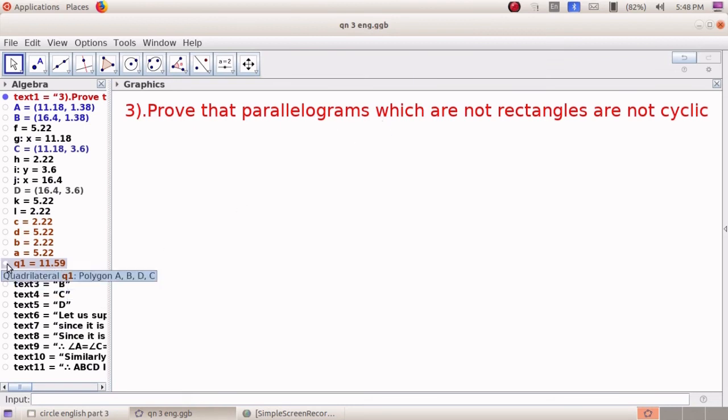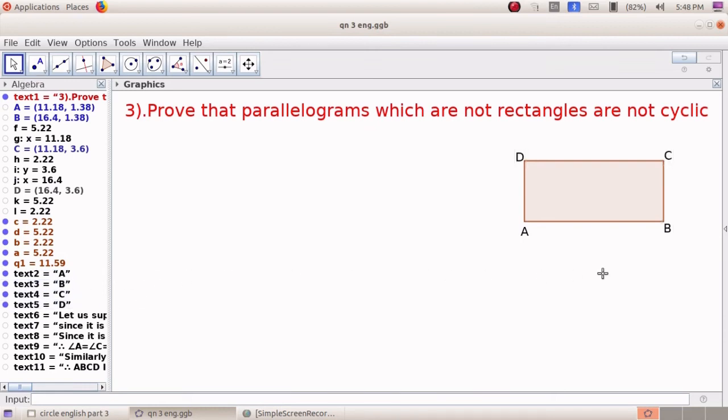And so here a parallelogram is drawn. Let us name it A, B, C, D. ABCD is a parallelogram. We suppose this parallelogram is cyclic, that means a circle can be drawn through all its vertices. So we suppose at first ABCD is a parallelogram and it is cyclic.